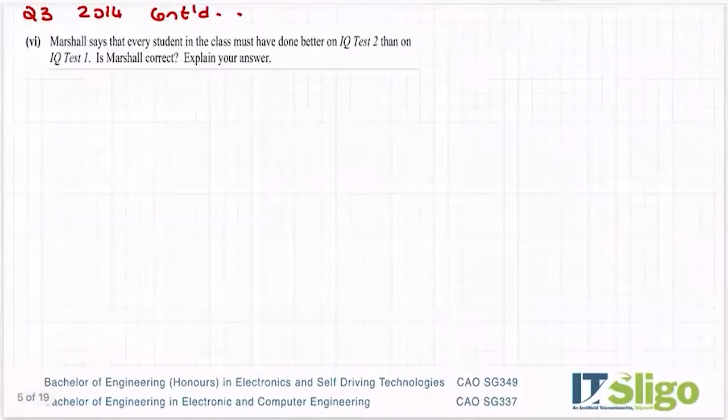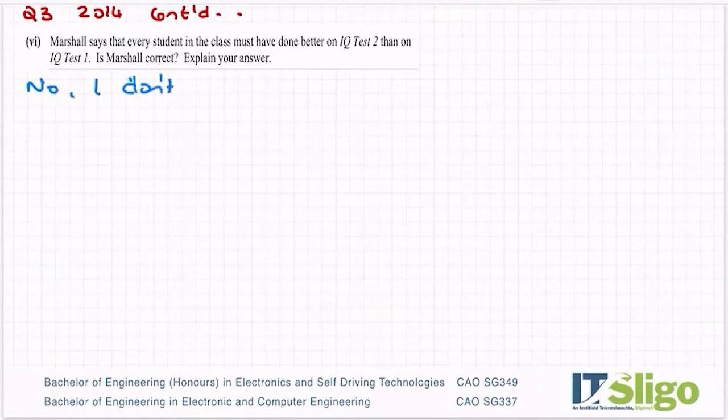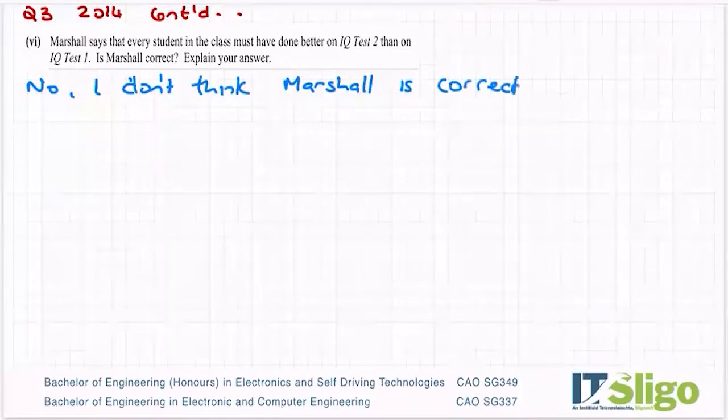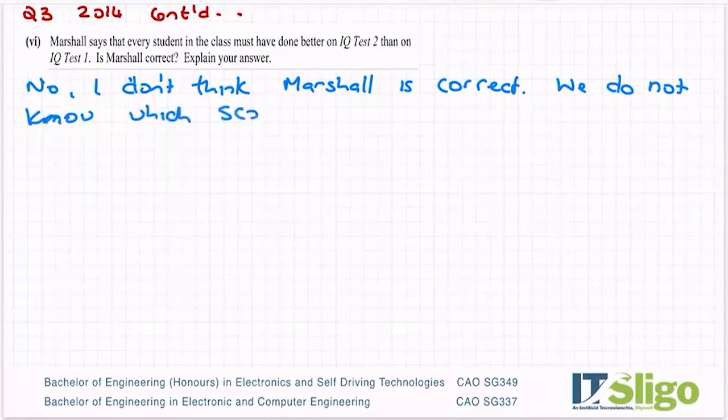So is Marshall correct? No, I don't think Marshall is correct. We do not know which scores belong to which student. Sometimes I think it's easier to give an example.